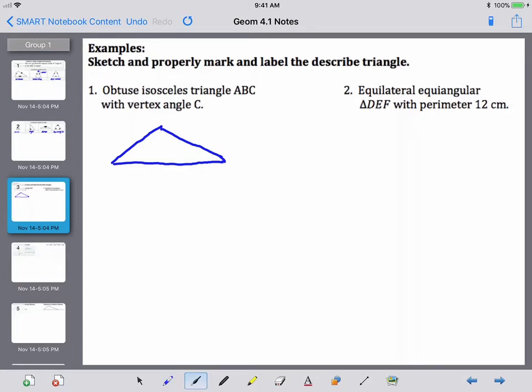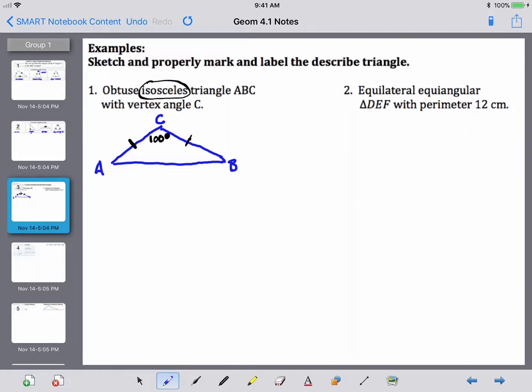Let's say this is anything over 90. I'm going to say this is a 100-degree angle here. Then we have to make sure that we mark two sides as congruent since it's isosceles. Lastly, we want the vertex angle to be at C. Remember, the vertex is where the two congruent sides meet. So if that's C, these two vertices down here have to be A and B.